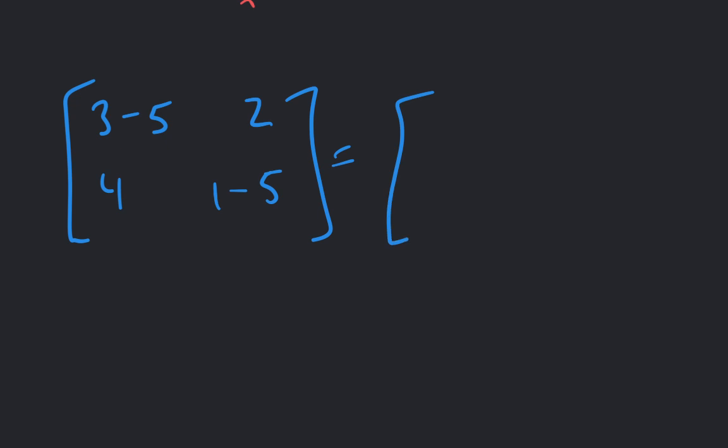So 3 minus 5, 2, 4, 1 minus 5, and that is equal to negative 2, 2, 4, minus 4.